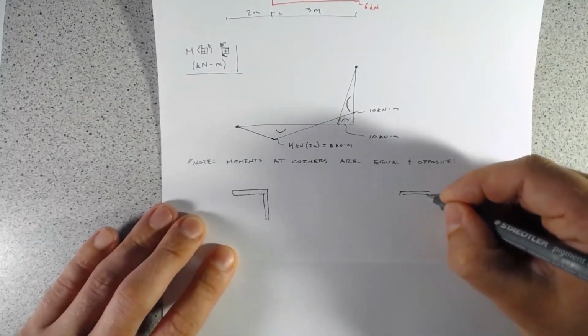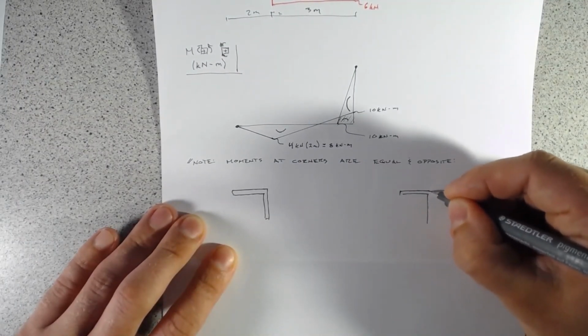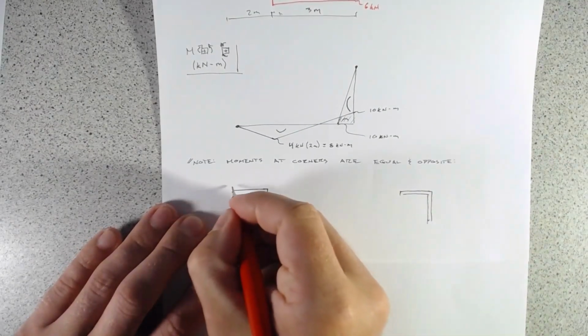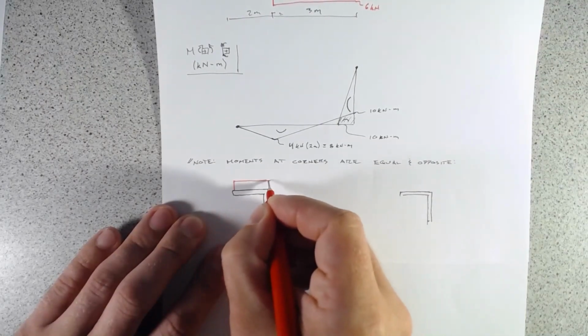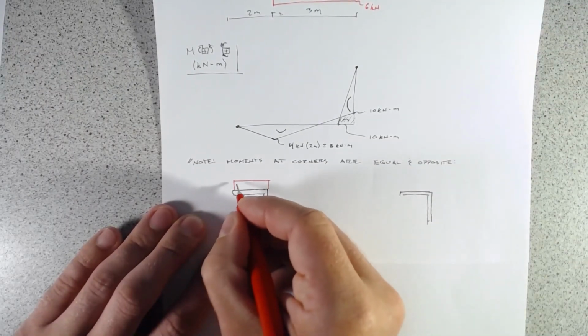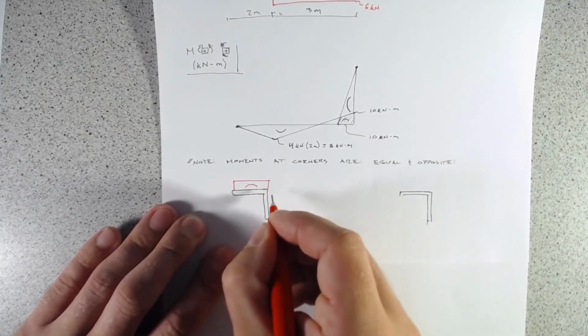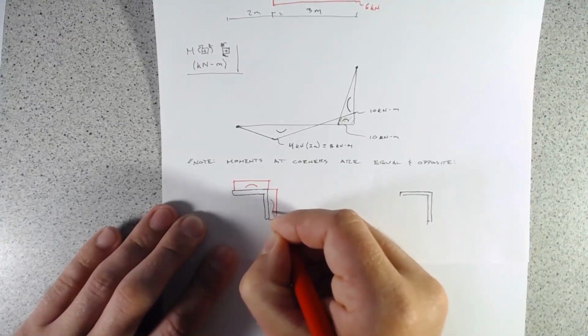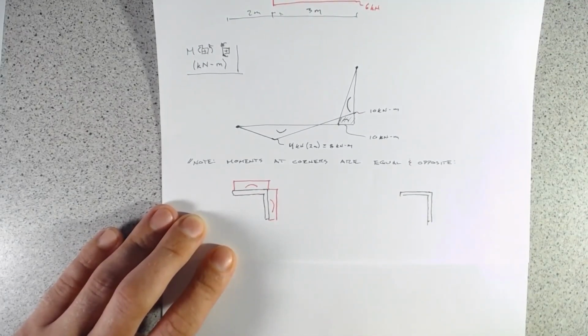So you will either have both on the outside. So I'm just going to draw a uniform. And again, the outside, they're going to be bending this way, where we're plotting on the tension side here.